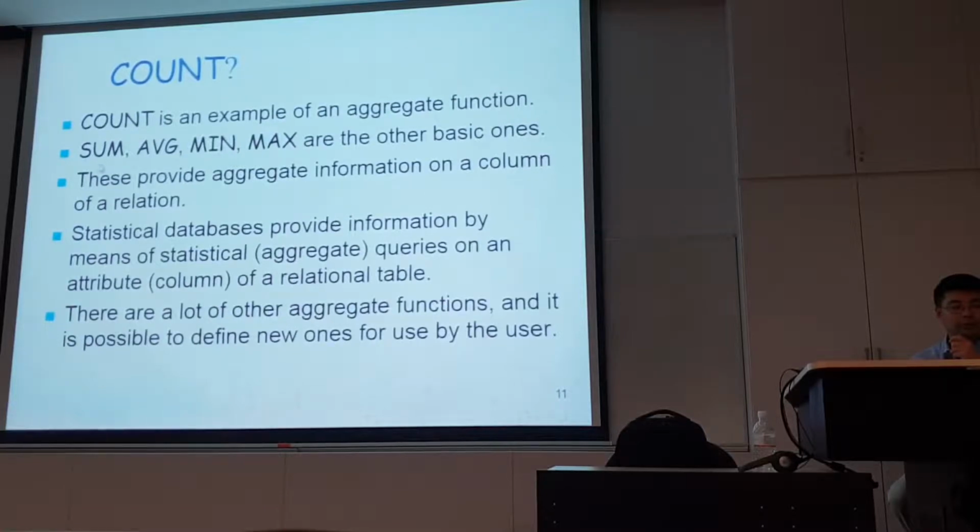For example, usually the sum and average are less sensitive than the min and the max. Because if you query the sum, maybe there are hundreds of employees, so it's difficult to infer or predict the salary of a particular staff member. But if you use min or max, sometimes these may leak confidential information.